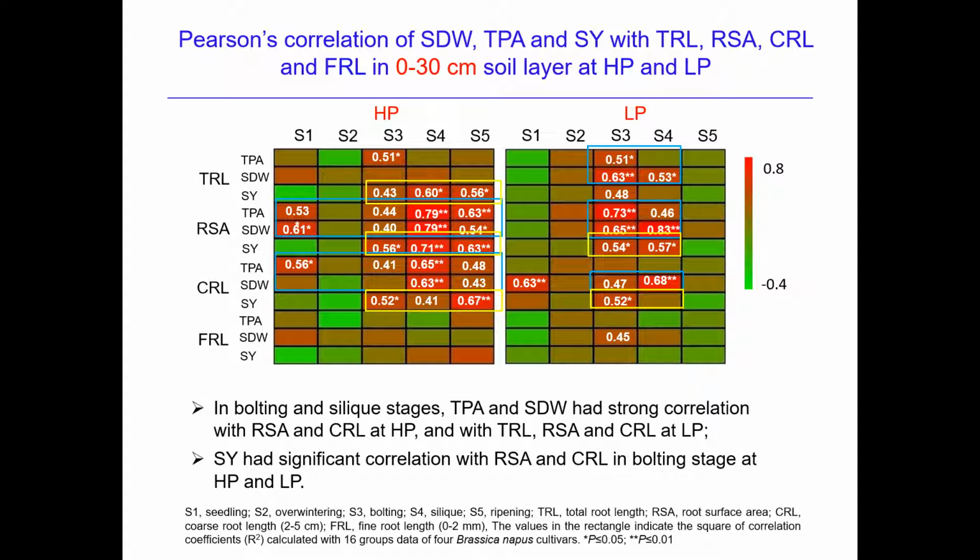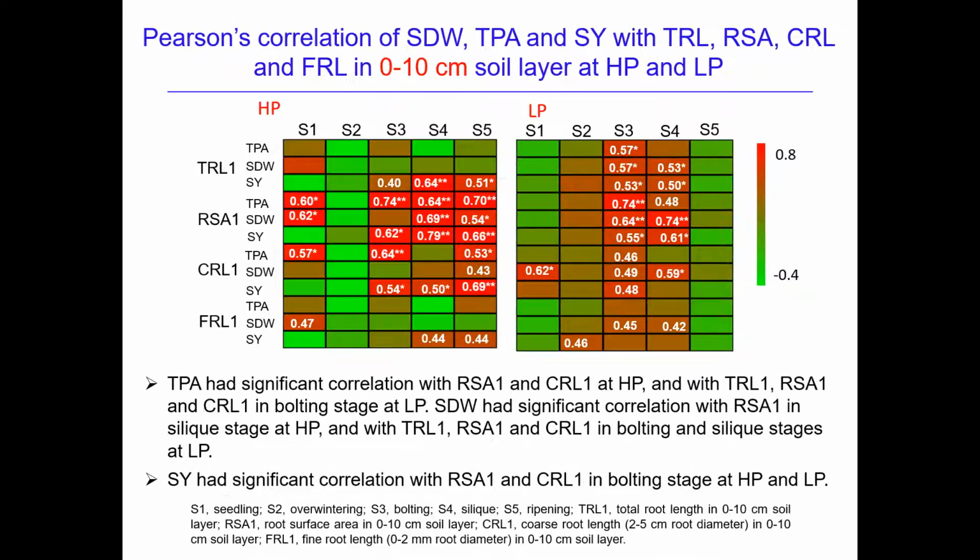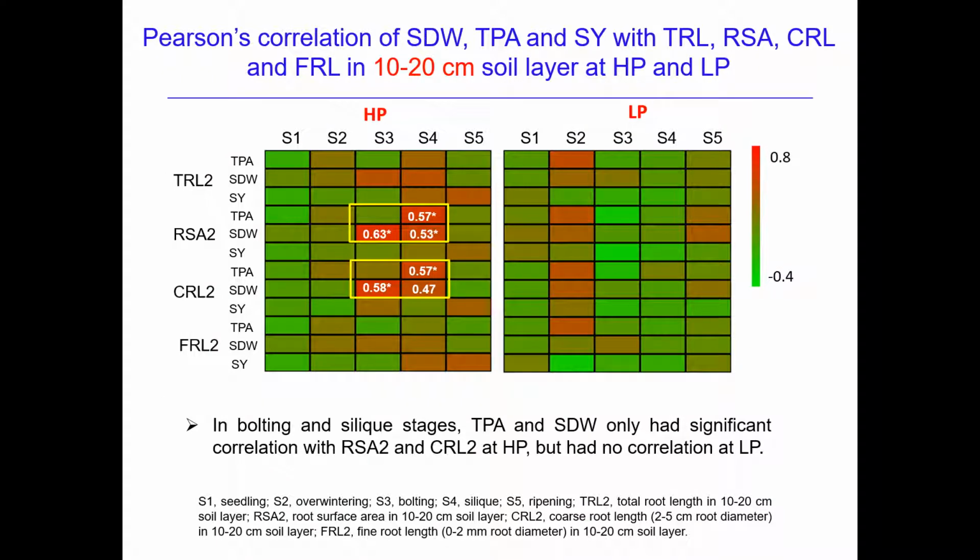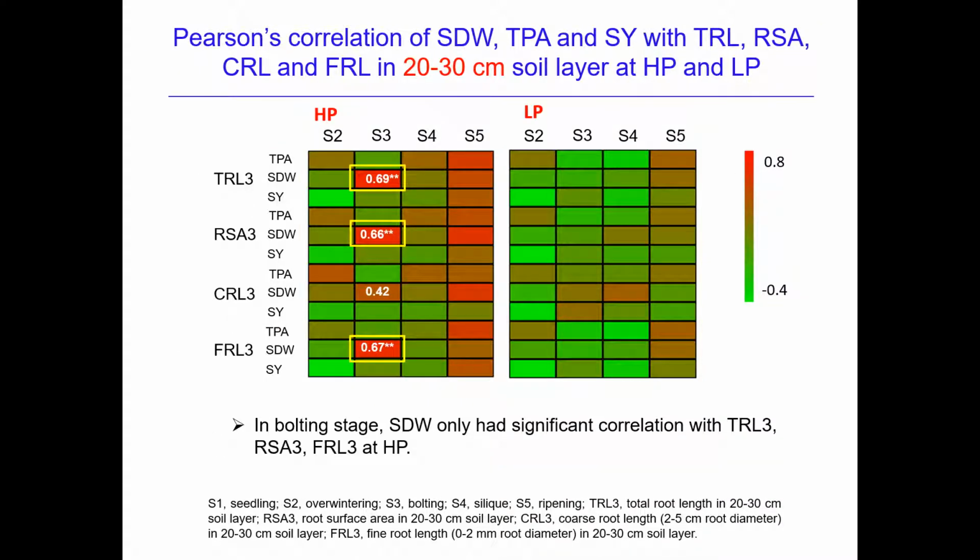We found that from seedling to bolting stages, at high P and low P, the root surface area and coarse length significantly increase, and along with the root surface area increase of the coarse roots, the shoot dry weight and the total P acquisition also increased at high P and low P. So the 3 is the cultivar 09.